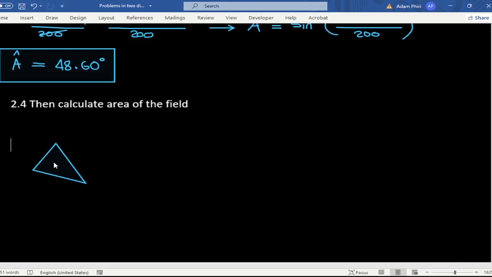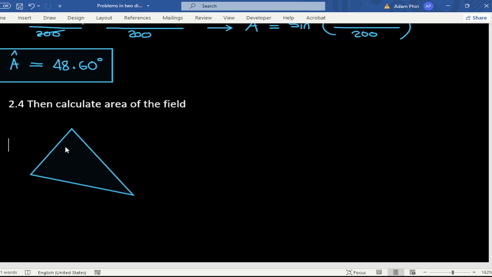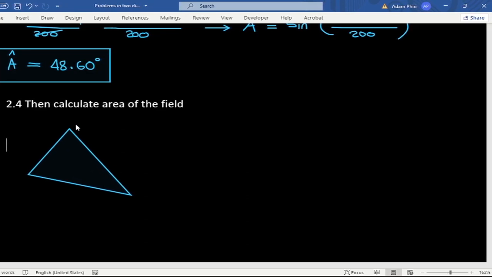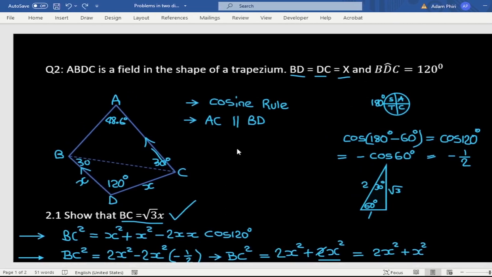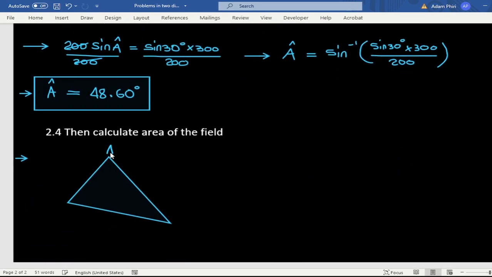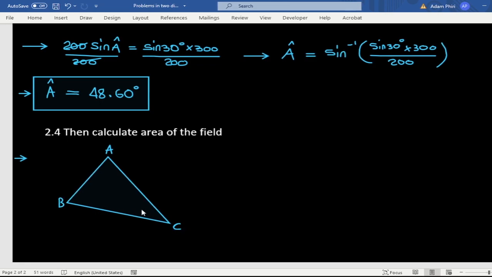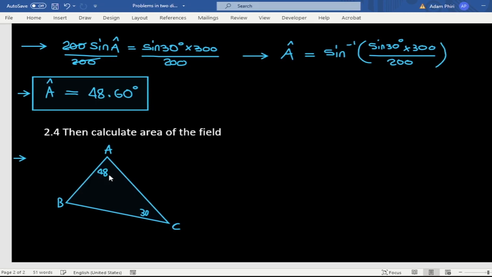Let's resketch the shape here as ABC. We draw A, B, C, and then we have 30 degrees and 48.6 degrees.